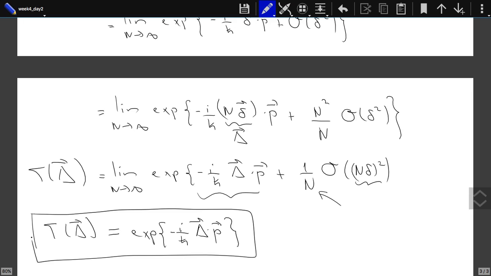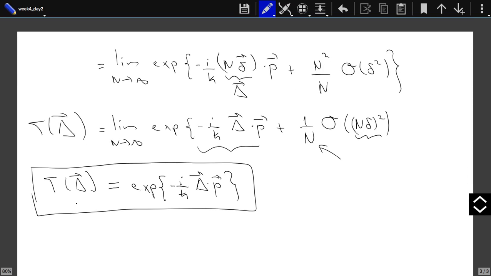So in fact, this is why in all our derivations beforehand, we only looked at the linear term in our translation. Because when we look at very small translations, we can always construct a finite translation by a very large amount of very small translations. So in this expression, there is no assumption. This delta is an arbitrary translation.